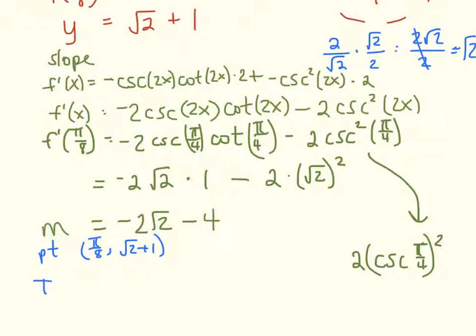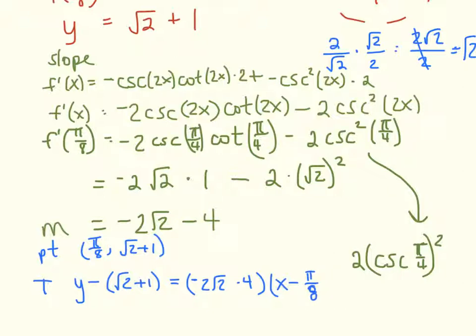So for the tangent, we would say y minus, now if my y value here is a binomial, I have to put it in parentheses, root 2 plus 1 in parentheses, is equal to my slope. Same thing, negative 2 root 2 minus 4 times x minus pi over 8.